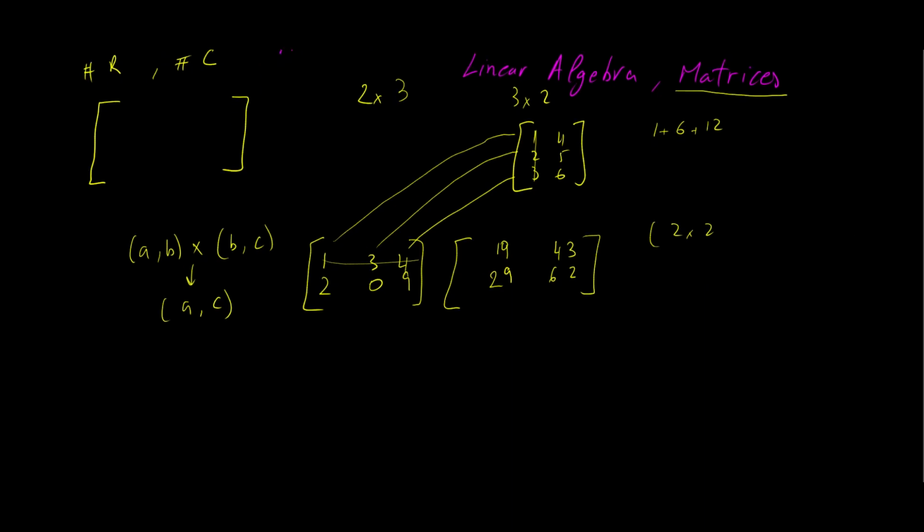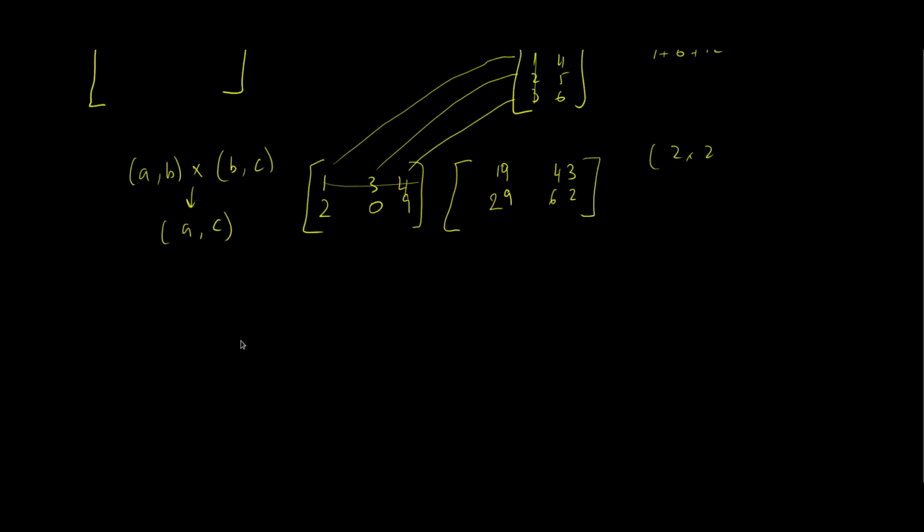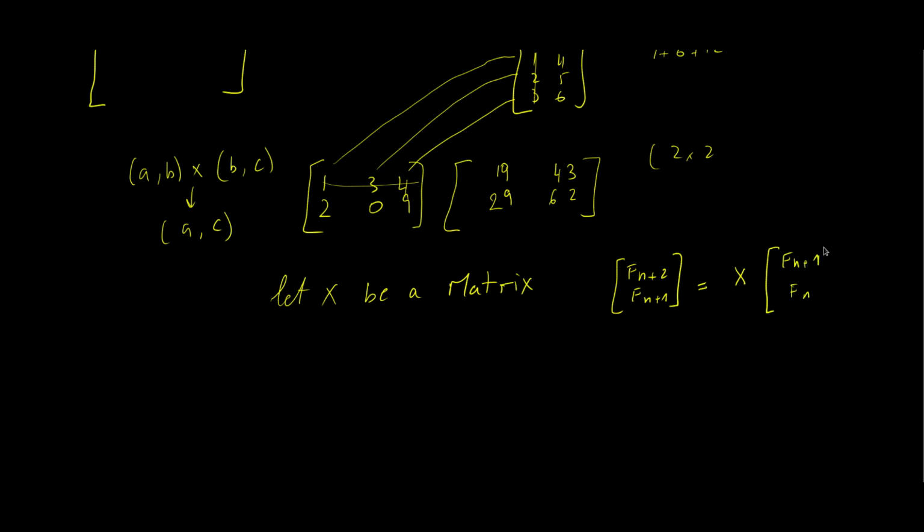And now let's see how this relates to our problem. So let X be a matrix. I want you to find such an X that it satisfies this equation, is equal to X times f of n plus 1, f of n.